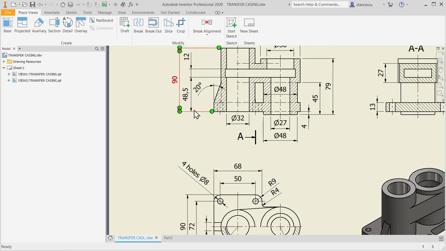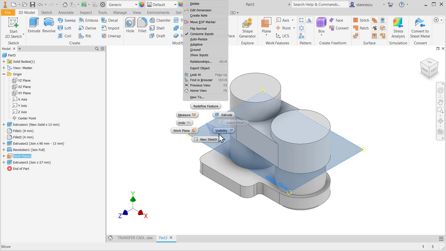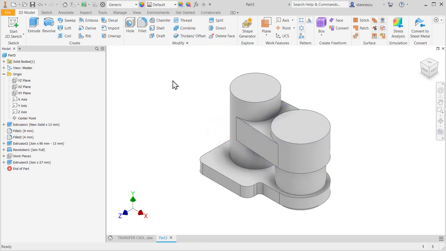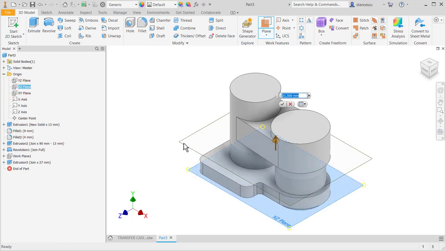What is the level? 48.5 from the work plane. 48.5. Before, let's disable visibility, then plane 48.5.